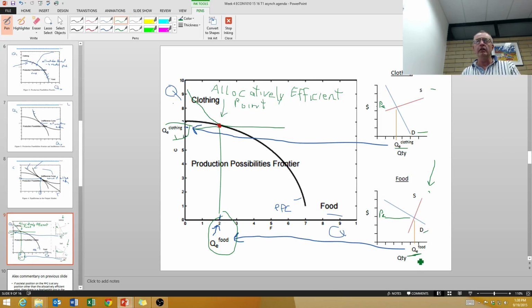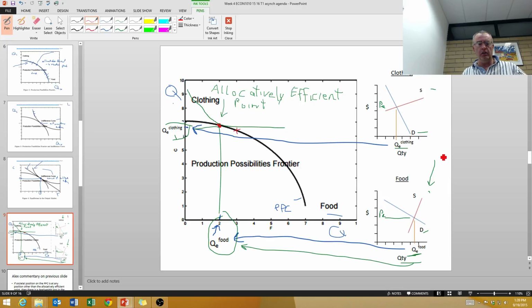So the quantities that come from these supply and demand diagrams map exactly across to the quantities on the production possibilities curve. And what we're going to see in chapter 5 is that if we ever end up at a non-allocatively efficient point on the production possibilities curve, that means that we have overproduction or underproduction in these product markets.